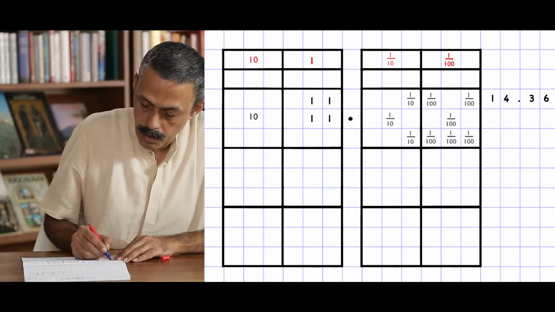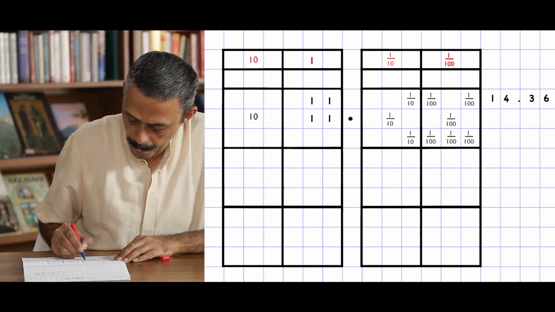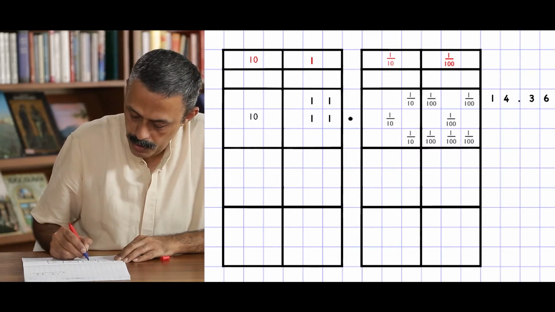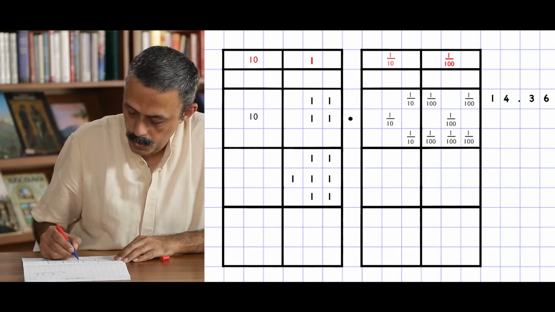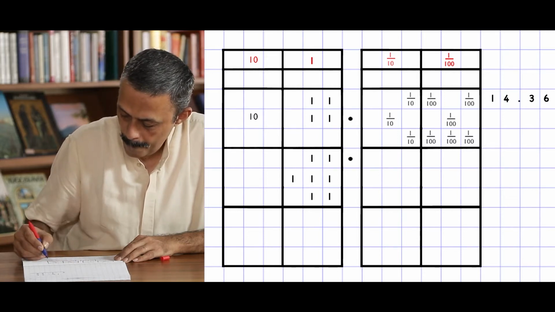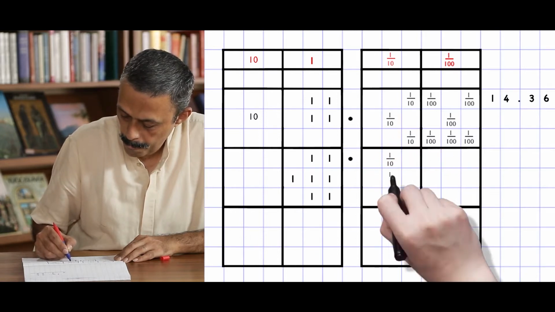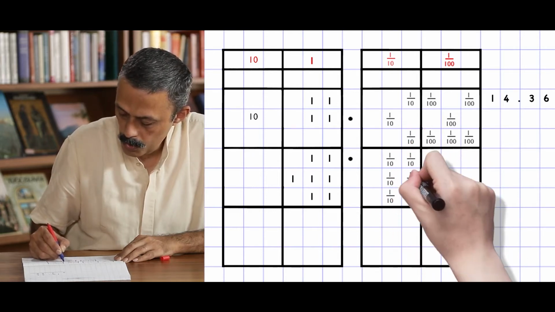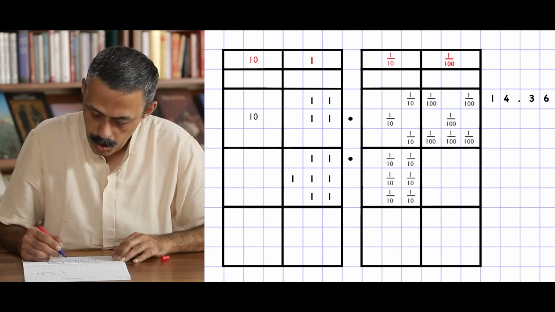Next number is 7.65. 7, that is 7 units. Point, we have to write 6 of 1/10th. In the 1/10th position we have to write 6 of these, and 0.65.